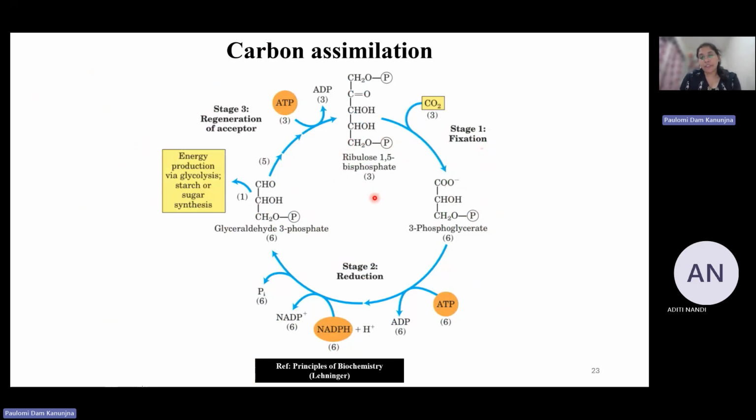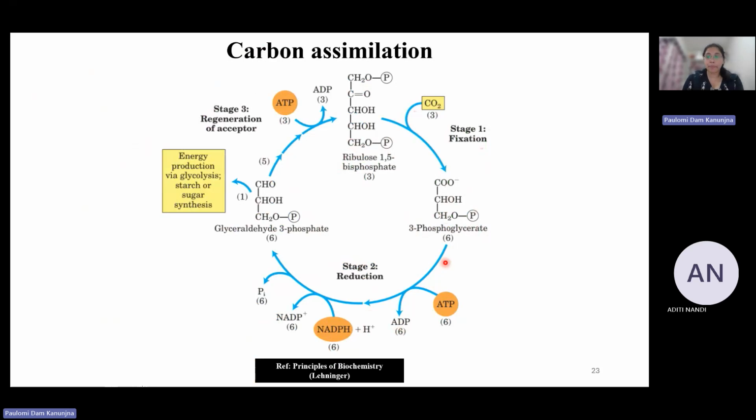So ribulose 1,5 bisphosphate with carbon dioxide gives you the first carbon compound, which is 3-phosphoglycerate. Next stage, this phosphoglycerate is reduced by the use of the energy currencies ATP and NADPH. So NADPH is being used and ATP is also being used.